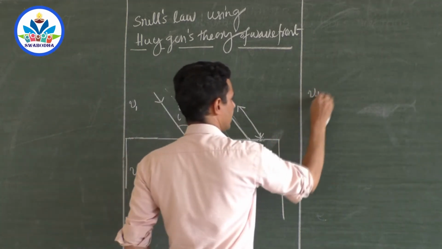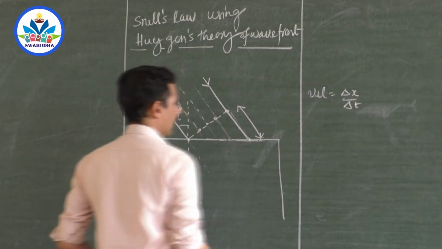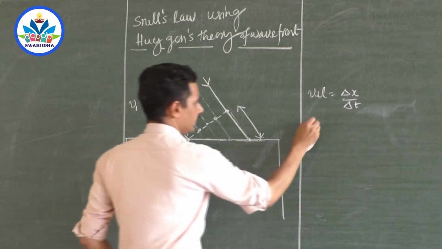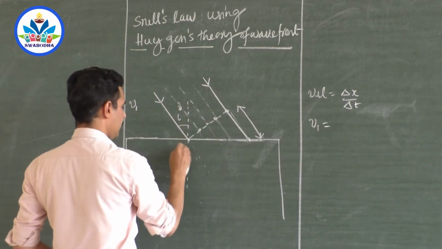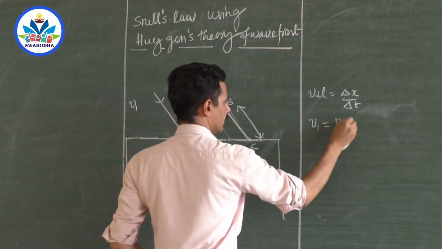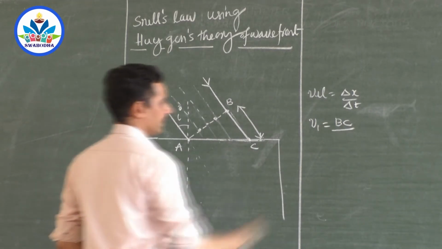Velocity is equal to displacement by time, delta x by delta t. If I take the velocity of the light in the first medium as v1, then v1 is equal to displacement, which is this one. I will name this A, B, C. Displacement is BC divided by the time taken, say tau.